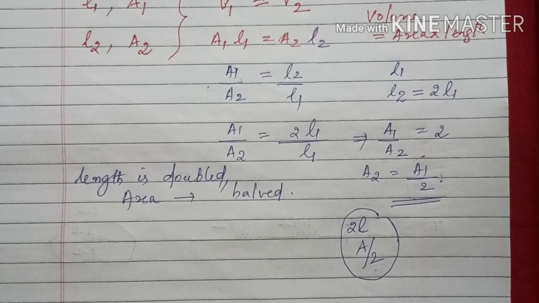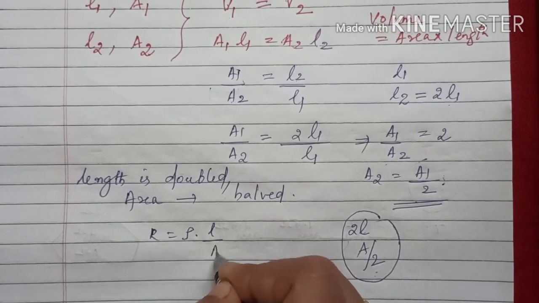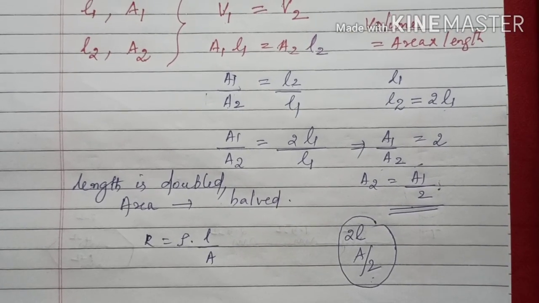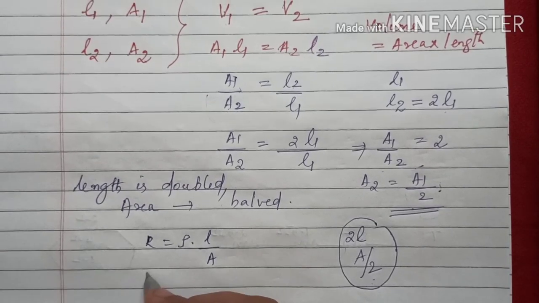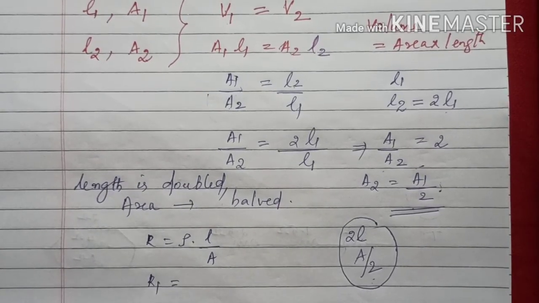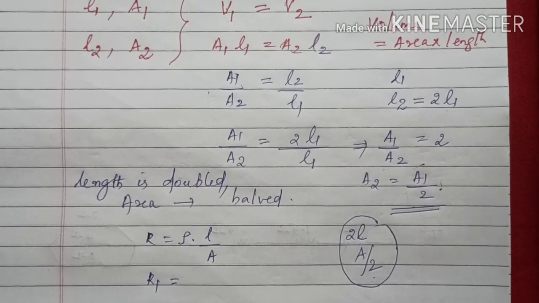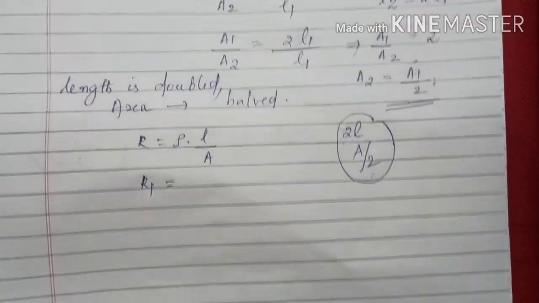You have an equation with respect to length and area: R is equal to rho into L by A. Now the first resistance I will take as R1. Resistivity is a characteristic constant. It won't change with respect to the length and area, so you can write it as rho itself. No change for rho.